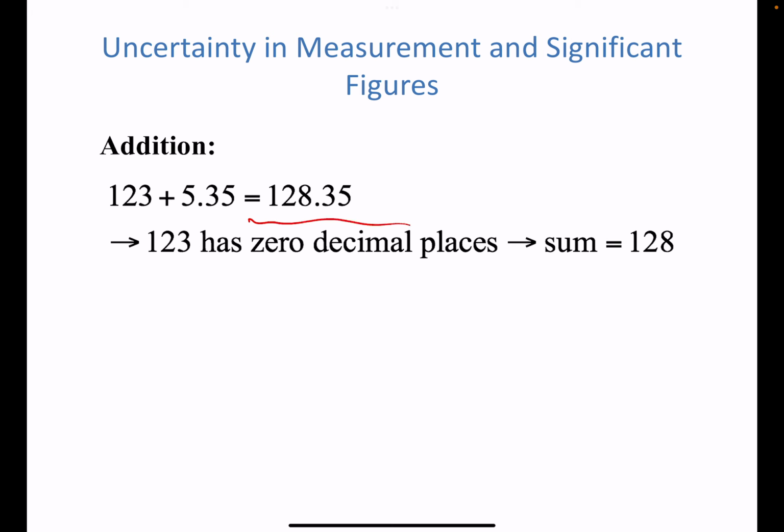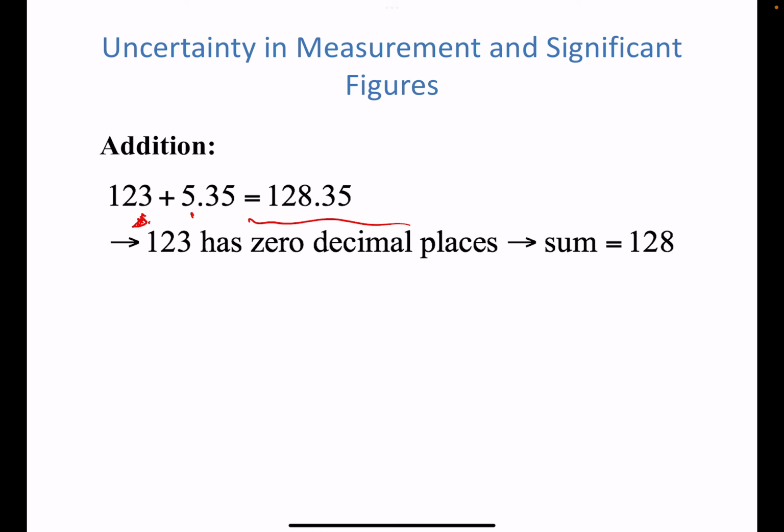But it would be wrong to write it as 128.35, because I only know this quantity is roughly 123. It could be 124. It could be 122. And even though I know the other quantity is 5.35, adding this 5 to this 3 has huge uncertainties. So the only thing I can know is that it'll be roughly around 8.